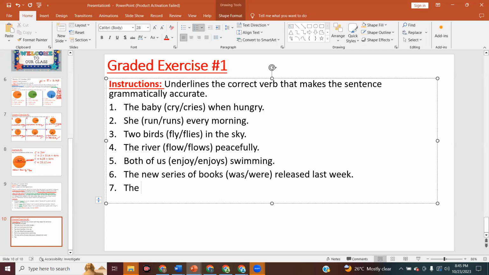The group, the various types of music bring or brings joy to our hearts.